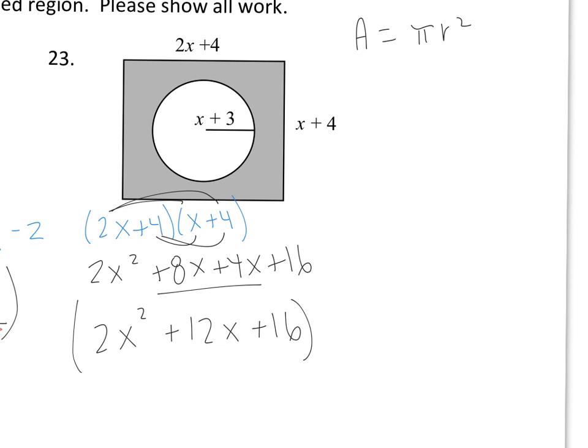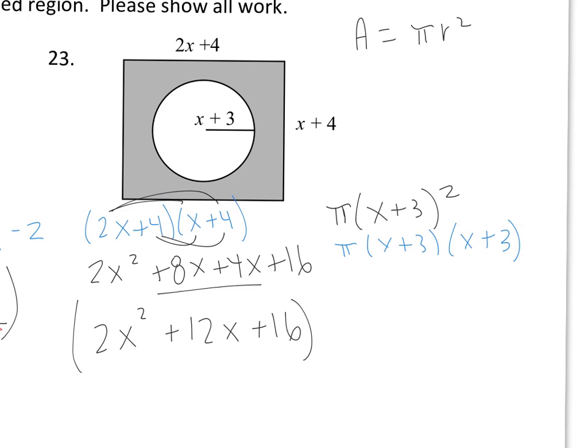And then over here, let's look at my circle. So I'm going to take x plus 3, my radius, and multiply pi times x plus 3 squared. So what that is, that's really pi times x plus 3 times x plus 3.